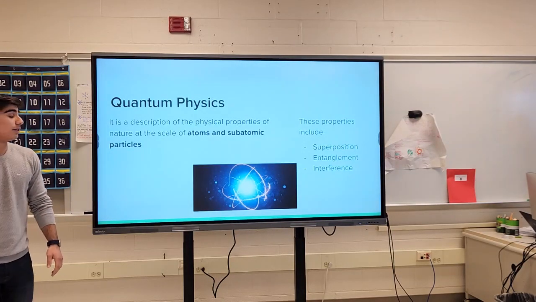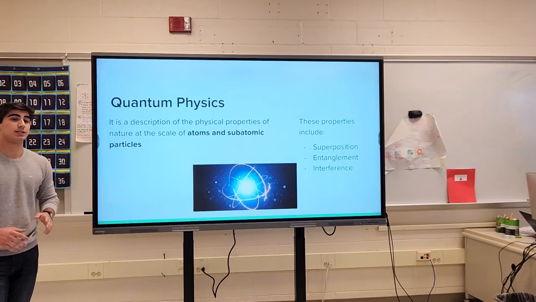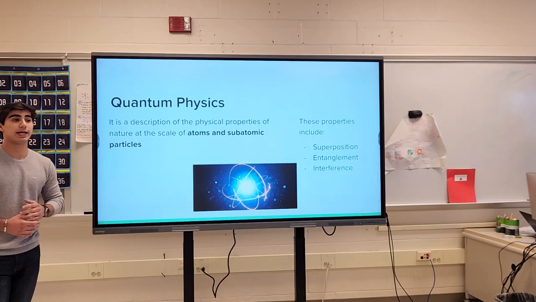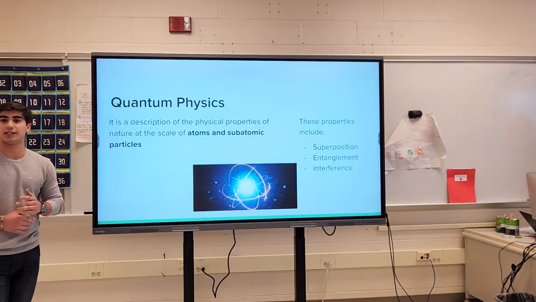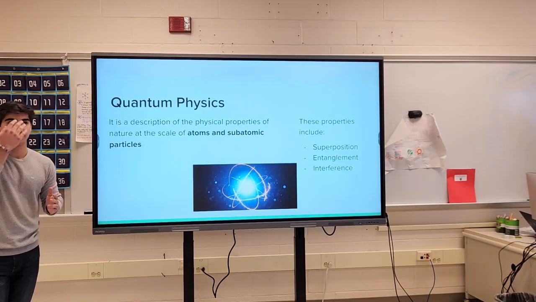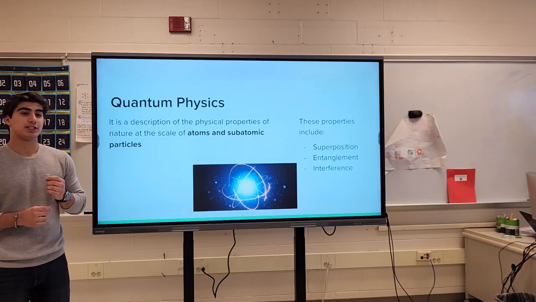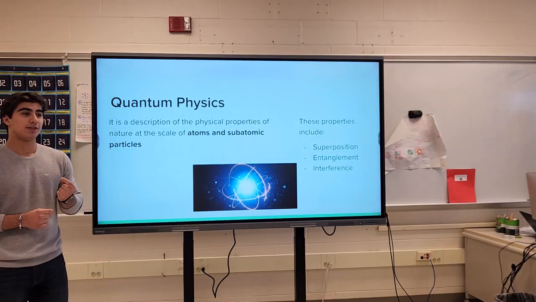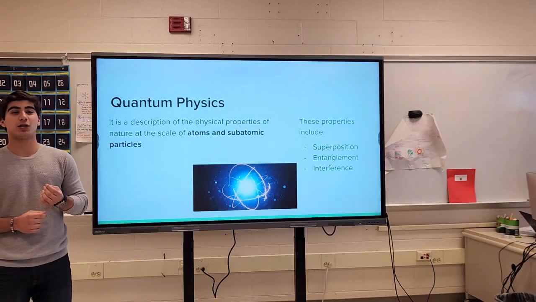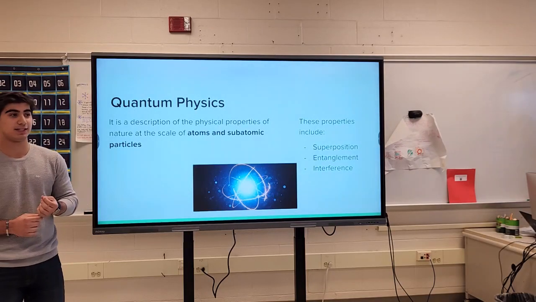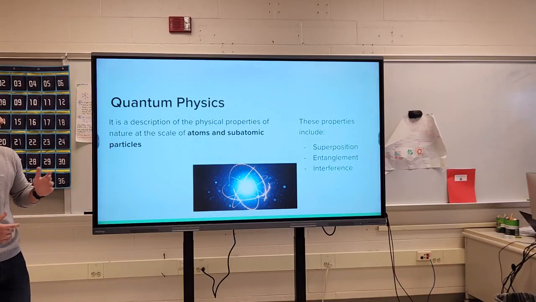Now, the problem with this: it seems really good, right? We're getting technology that's increasing rapidly, and it seems like our future of technology is going to be so good, but once we get so small, those transistors end up behaving under a completely different set of laws of physics. That's what we call quantum physics.